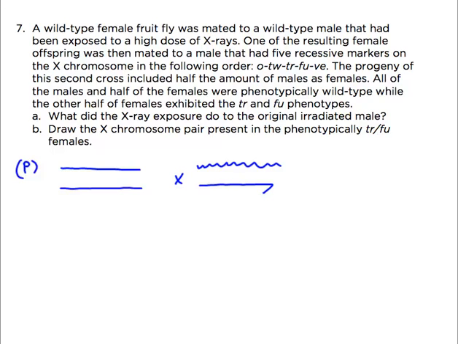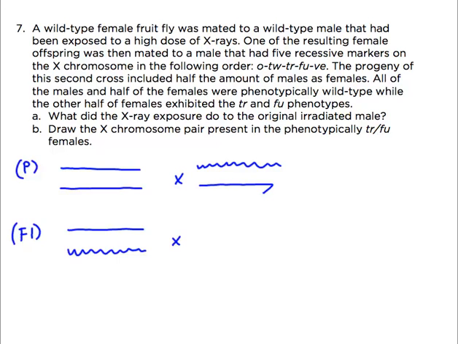It says one of the resulting female offspring was then mated to a male that had 5 recessive markers on the X chromosome. So out of these F1 offspring, one of the females is going to have 1 normal X from its mother, and the irradiated X from its father.